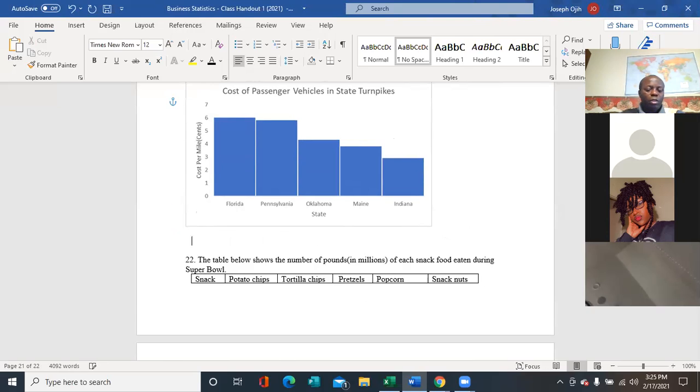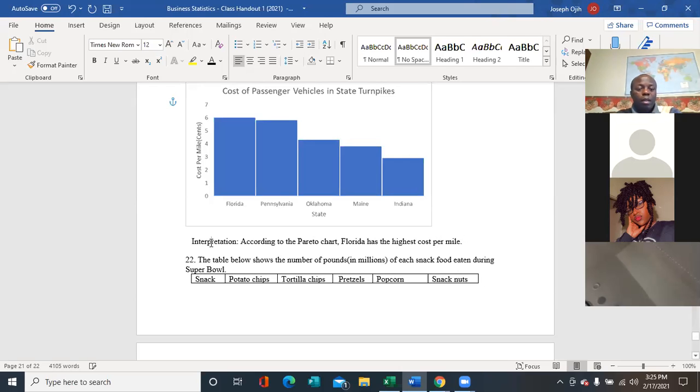Okay, interpretation. So according to the Pareto chart, the state of Florida has the highest cost per mile.